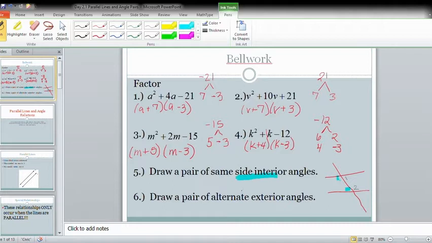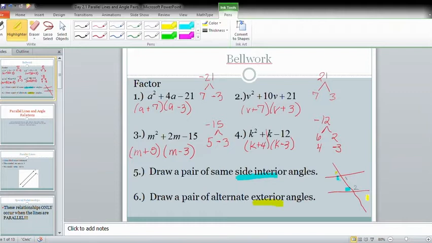Again, if I want to look at alternate exterior, so exterior, now we're looking outside of our lines. So either here, here, here, or here. But we're looking for alternate, so we want them on opposite sides of the transversal and on opposite sides of our lines.